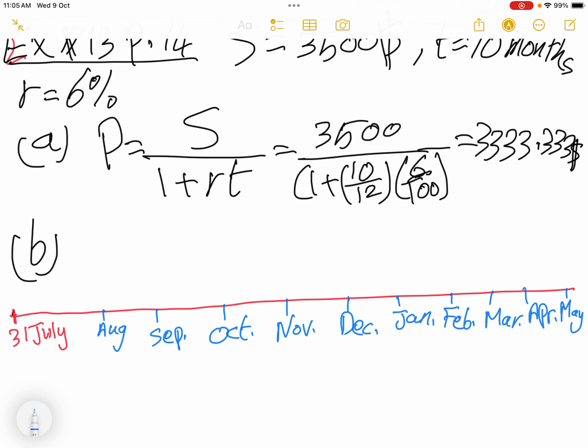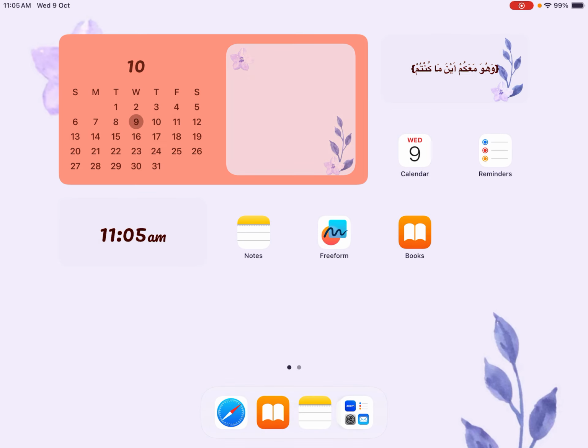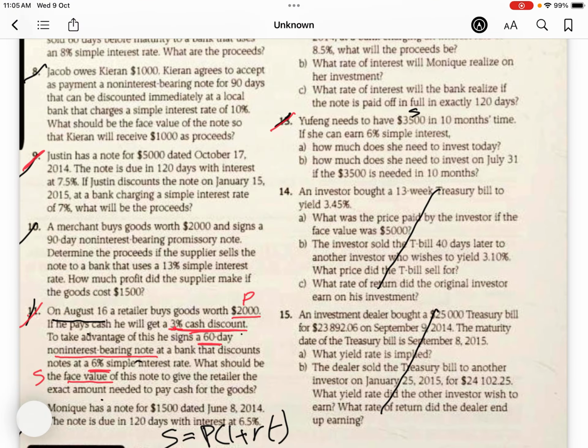He says in the question, how much does she need to invest? We must calculate the proceeds here, to invest on July 31 if the 3,500 is needed in 10 months.